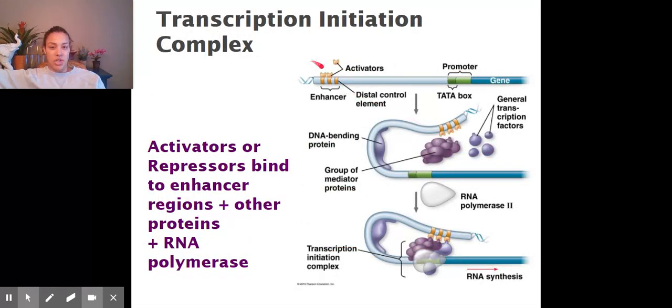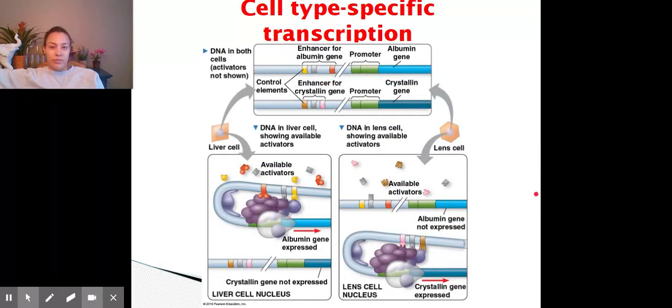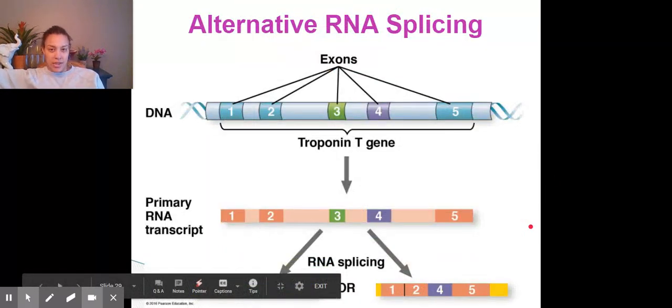So we've got this initiation complex over here where it can be activated or decreased. If it's activated, we can have different binding sites and different folding patterns for transcription to occur. I'm going to skip through that.